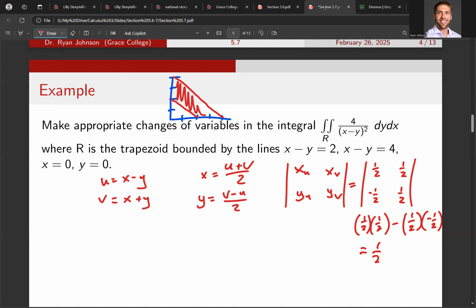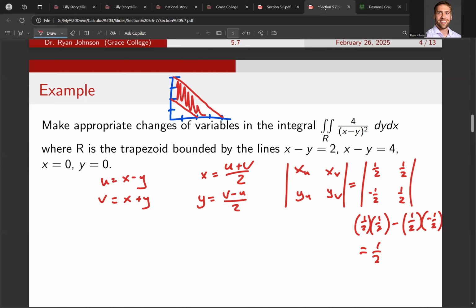You say that again. Yeah. So you know how when you're doing u substitution you often end up with an extra number? This is my extra number.